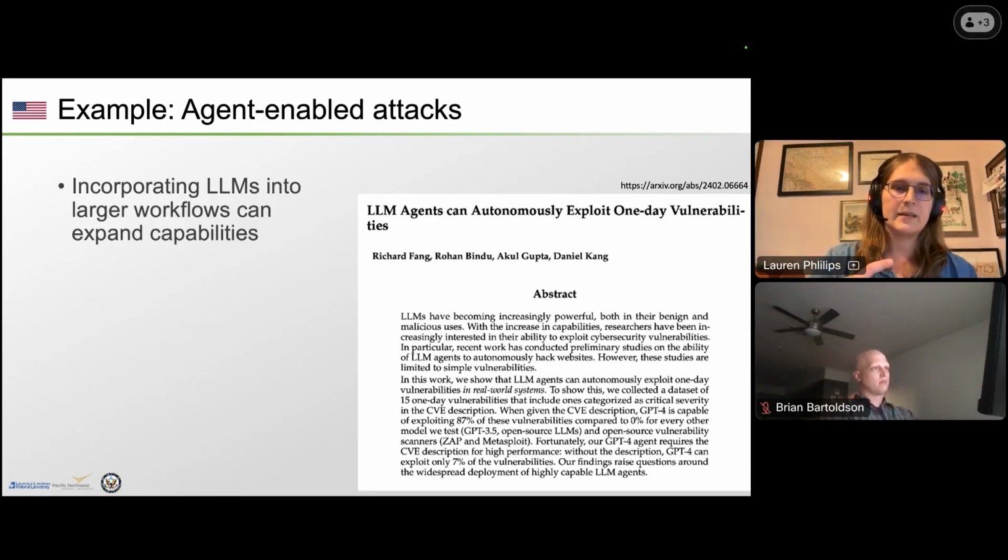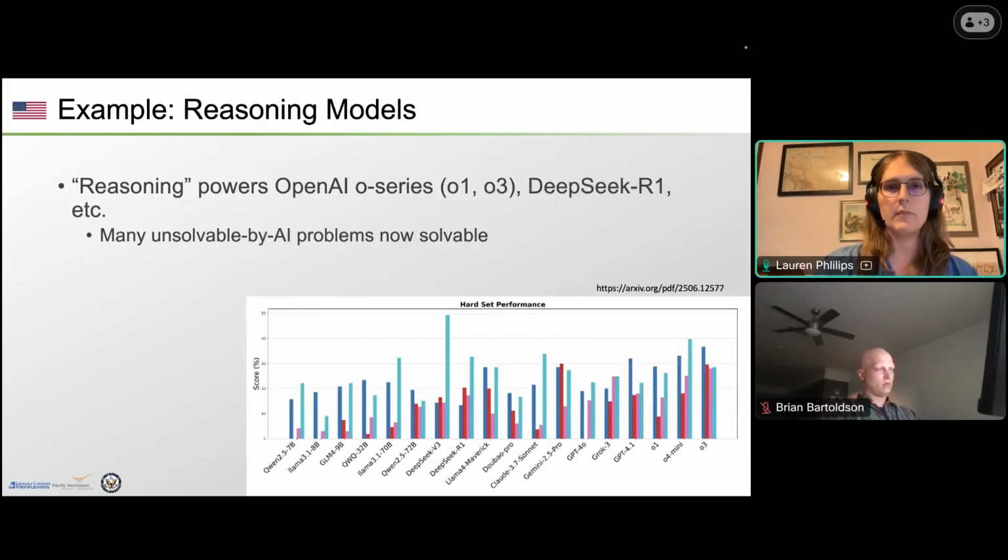So the extra capability of these models can affect the attack landscape quite significantly, where attacks that were previously not possible are now possible. And we need to be thinking about how we can evaluate our models for their capability of doing these sorts of things.